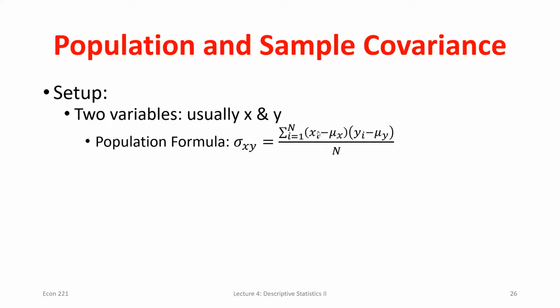If someone was above average height and above average weight, we'd have a positive times a positive, and a positive amount will get added to that numerator, because that one observation was evidence that they tend to be on the same side of the average. When someone is above average height, they also tend to be above average weight. If we had a person that was above the average height, so this deviation would be positive, but they were below average weight, this would be negative.